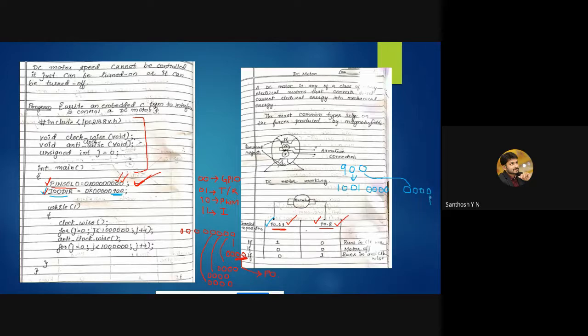So what does this say? This will be controlling P0.0. This will be controlling P0.1. This is for 2, 3, 4, 5, 6, 7, and this is for 8, 9, 10, and this is for 11.